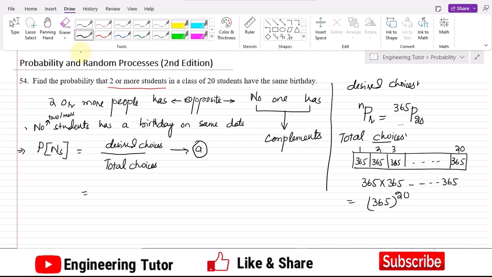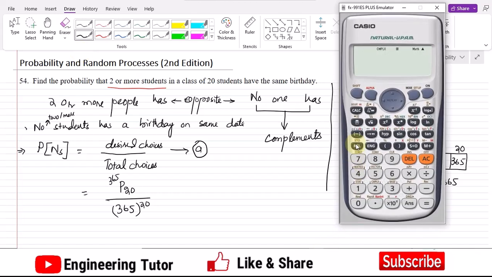Now, writing these values, the probability of n of s is 365 P 20 divided by 365 to the power of 20. To find it I am going to use the calculator, where I have the permutation function nPr. Writing 365 P 20, I get a very huge quantity.